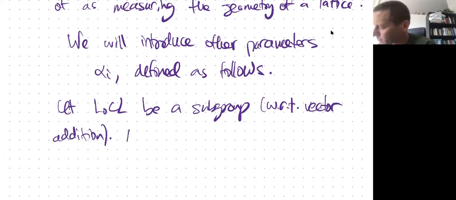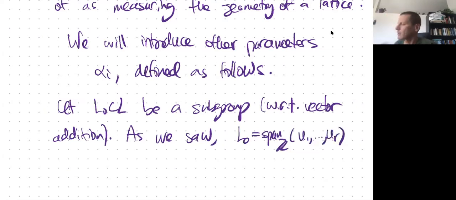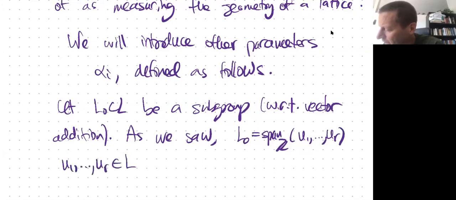So this means that L0 is the span over Z of some r elements in L, and the u_i's we can take them to be linearly independent.